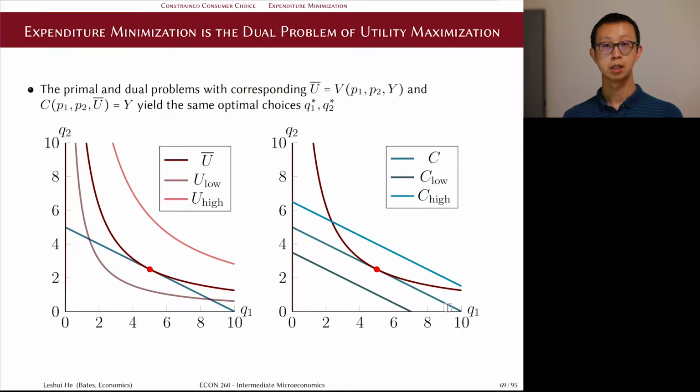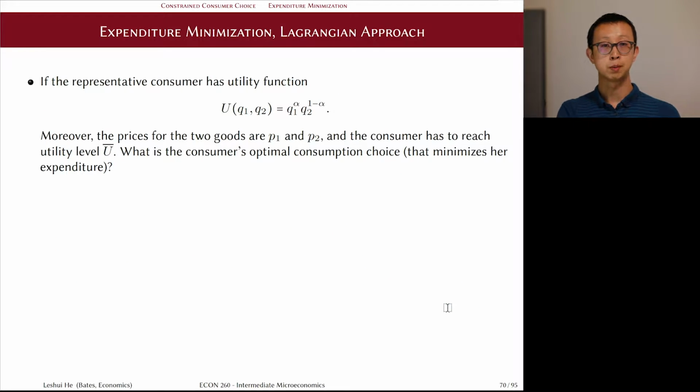constraint. In this video, we will solve an expenditure minimization problem with a Cobb-Douglas utility function as an example, using a full algebraic approach. By solving this problem from a slightly different perspective, the exercise will deepen our understanding of the intuition behind the model and the analysis.